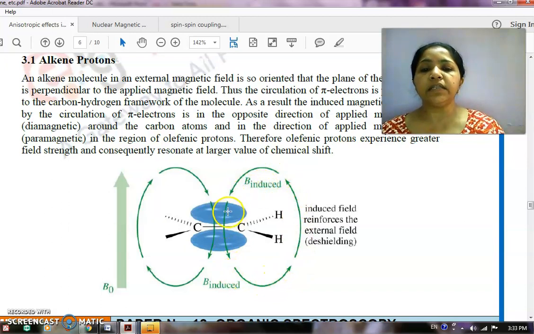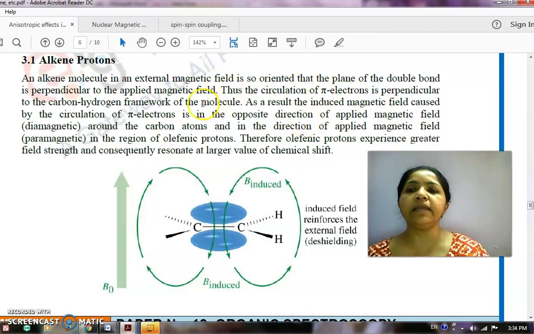Here this part, this arrow is in the opposite direction, whereas near the H, the direction is in alignment with the applied magnetic field, the same direction. Therefore, it is de-shielded. Okay.